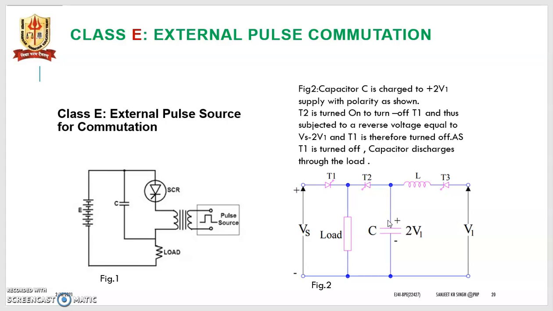And when we have to turn off the main thyristor, then we turn on T2 so that this high reverse voltage gets supplied across T1 and it is turned off. Then it will discharge the remaining energy here to the load.